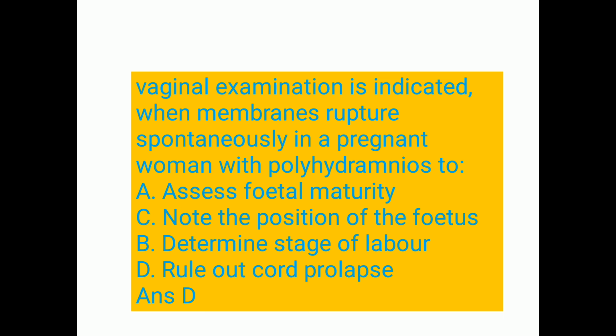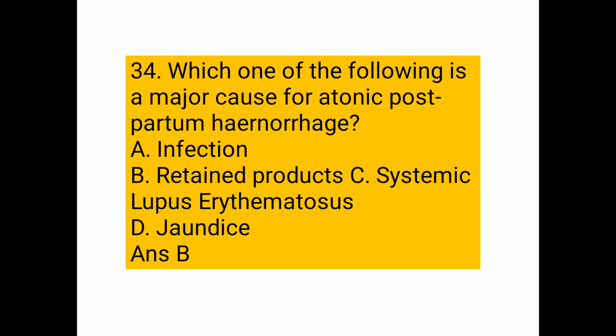Next question. Vaginal examination is indicated when membrane ruptures spontaneously in a pregnant woman with polyhydramnios to? Options are: assess fetal maturity, note the position of the fetus, determine stage of labor, rule out cord prolapse. The correct answer is rule out cord prolapse, option D. Next question. Which one of the following is a major cause for atonic postpartum hemorrhage?